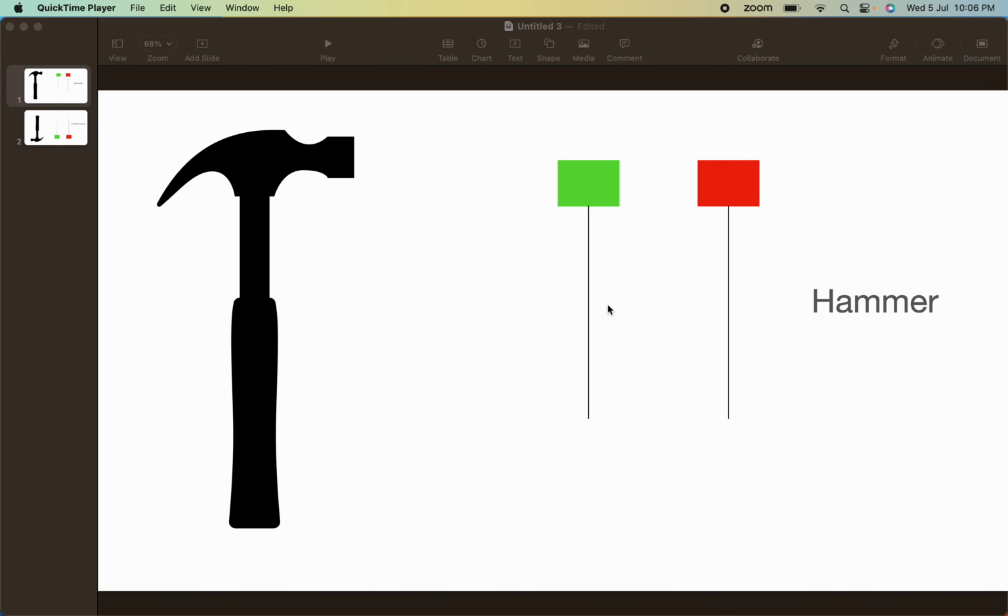Now, what is the psychology behind it? As we all know about the formation of a candle, each candle has four components: open, high, low, and close. While the hammer was getting formed, the price opened at this price, and throughout this time frame, the price even dropped till this point.